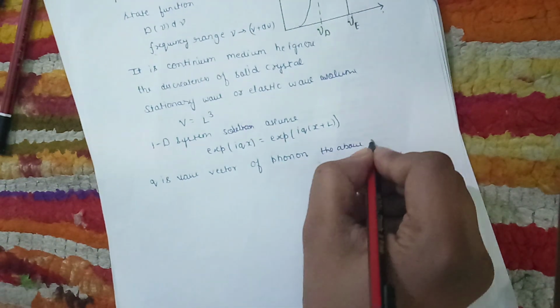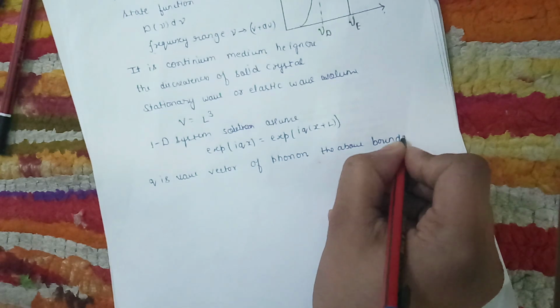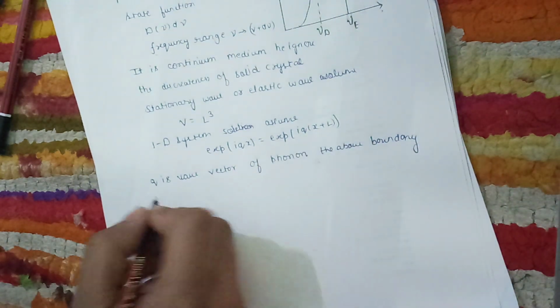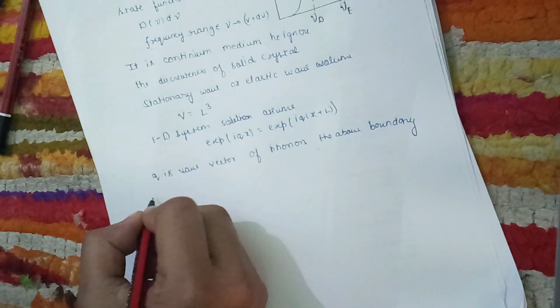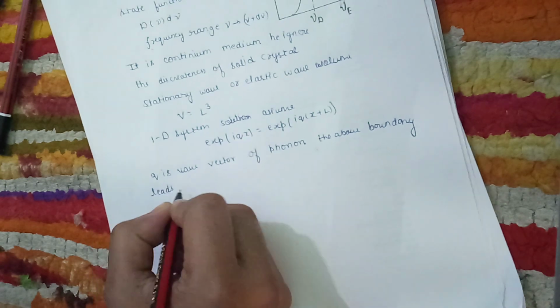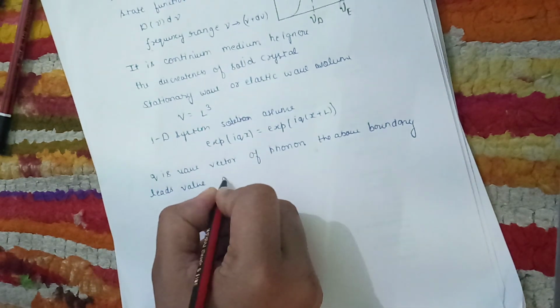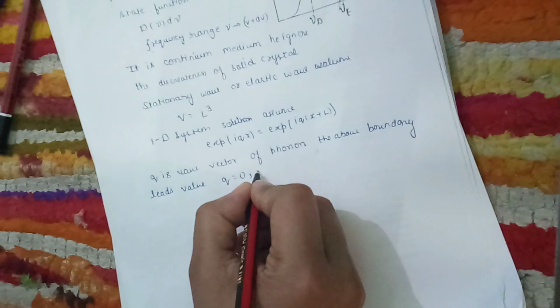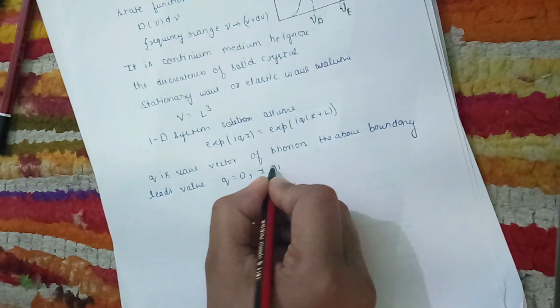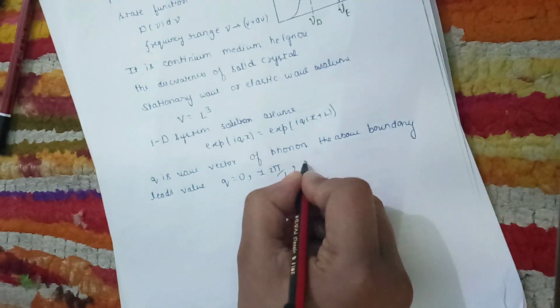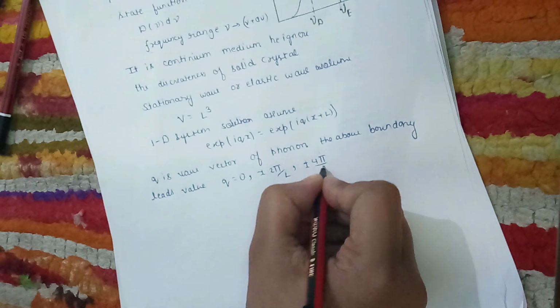The above boundary condition leads to values q is equal to 0 or plus minus 2 pi by L or plus minus 4 pi by L and so on.